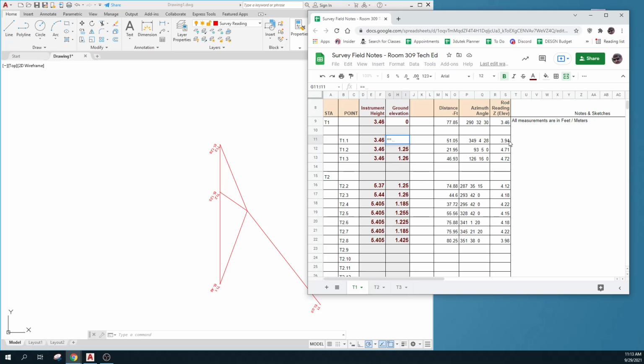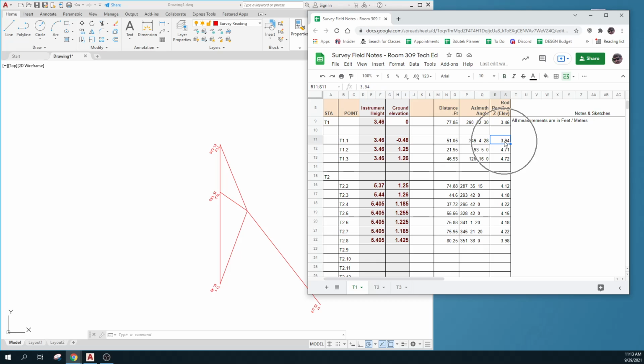Equals the rod reading minus the instrument height. I hate it when these things do. Equals 3.94 minus 3.46. And I just did it backwards again. Equals 3.46 instrument height minus whatever the rod is. So that is 0.48 lower than my original height.